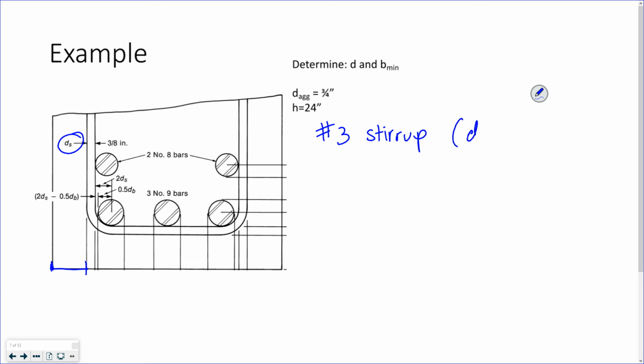My diameter of my stirrup is 3/8 of an inch. Cover, from the outside to the first stirrup is 1.5 inches. And I have that on both sides, right?